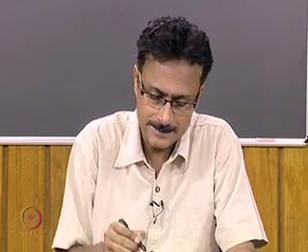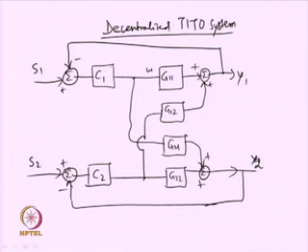So, these decentralized controllers C1 and C2 will result in different types of transfer function models.